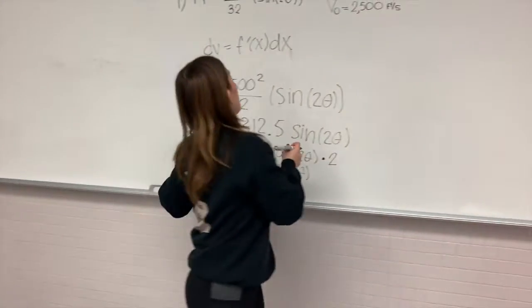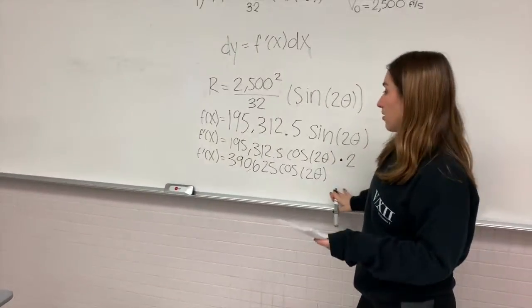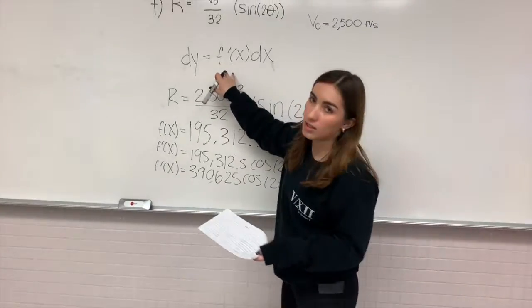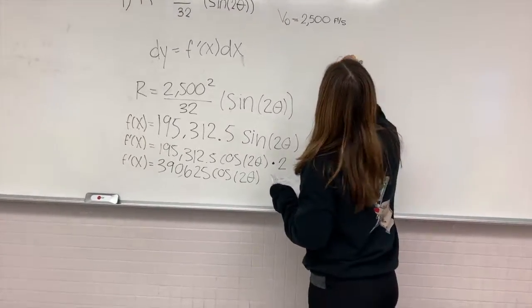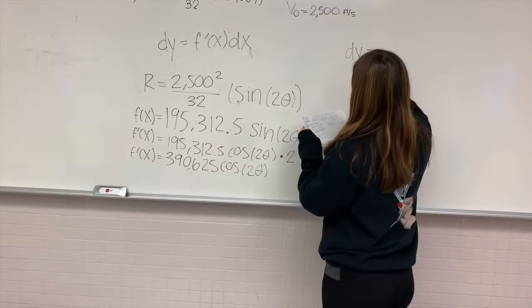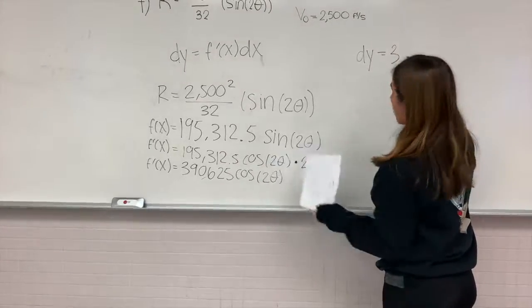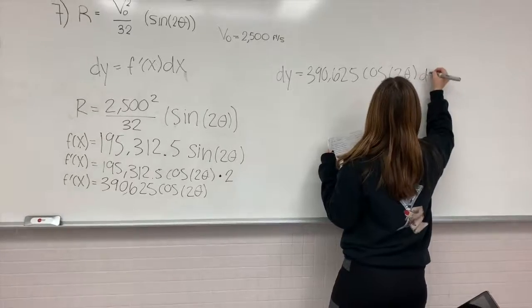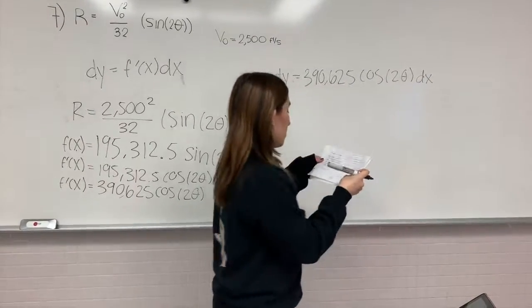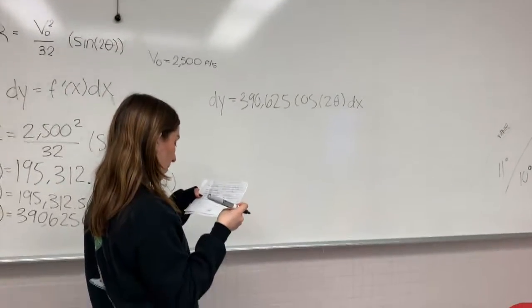Then, already having your f prime, you will substitute this into the equation you want to solve. So you will get dy equals 390,625 cosine of 2 theta times dx. So then, what do you have to do?